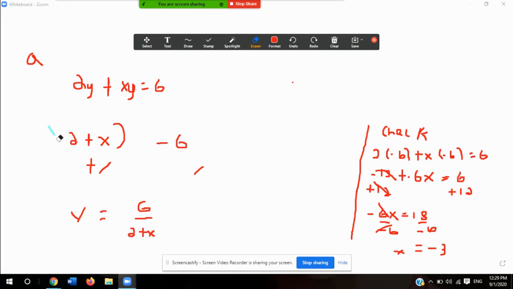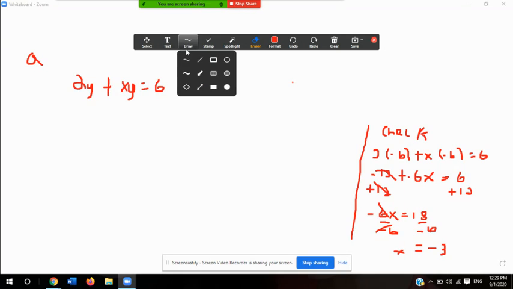It's just a way of making sure that your answers are good, all right? So let me continue the check. Now that I know the value of y and the value of x, I'm simply going to plug them into my original equation.